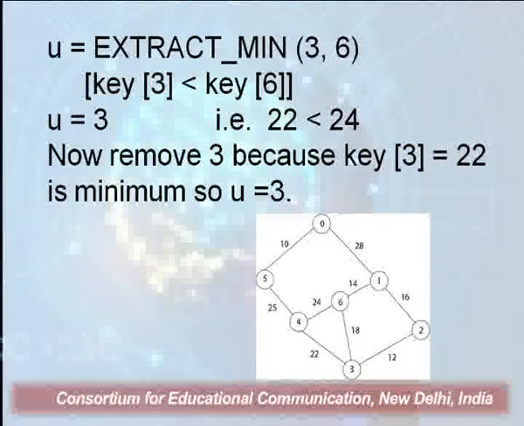But if you look at the graph, considering the adjacency list of 3, we have 6, we have 4 and we have 2 also. So what about the weight of 3, 2? It is 12 and the key already present with 2 is infinity. So yes, definitely the updation will take place.